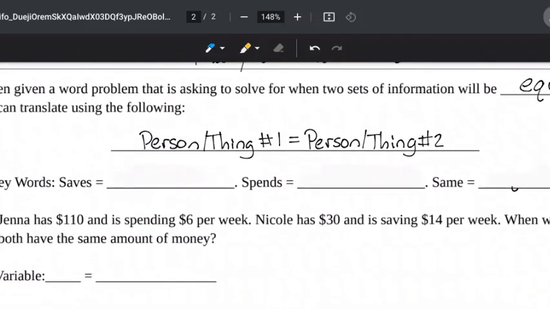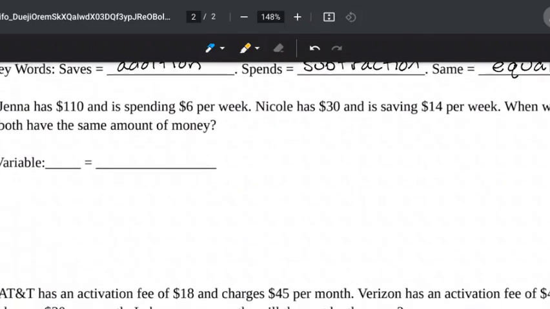Okay, some key pieces of information here to pay attention to. Keywords: the word saves represents addition, the word spends represents subtraction, and then when we see same, that's indicating equal to each other.